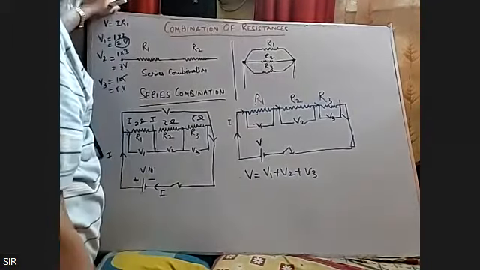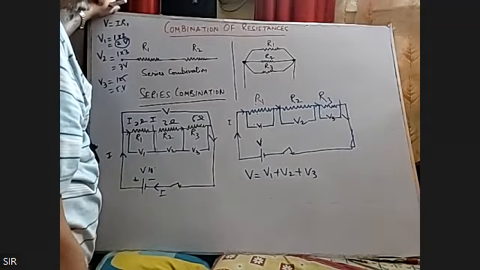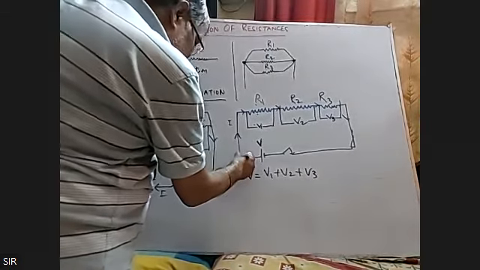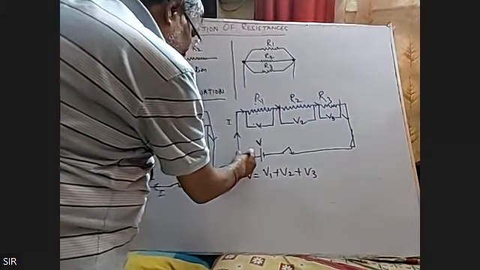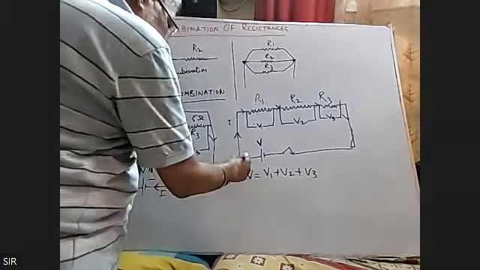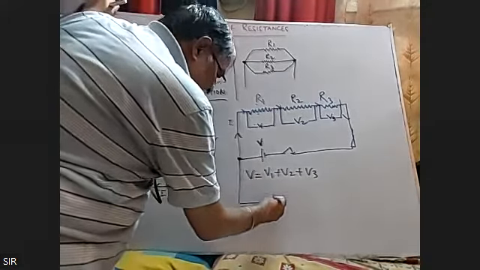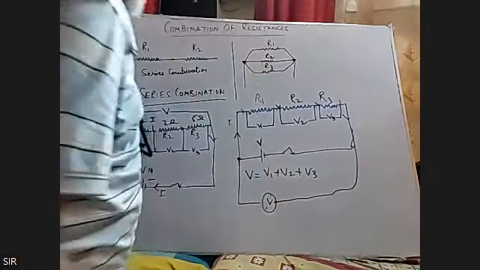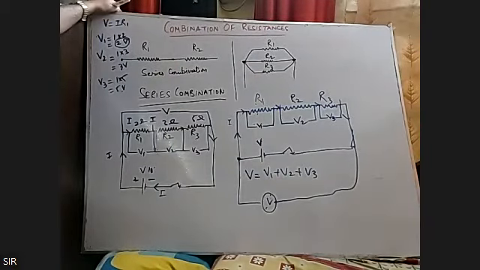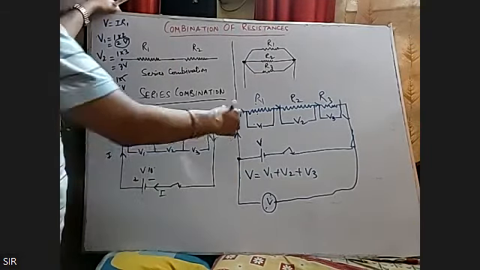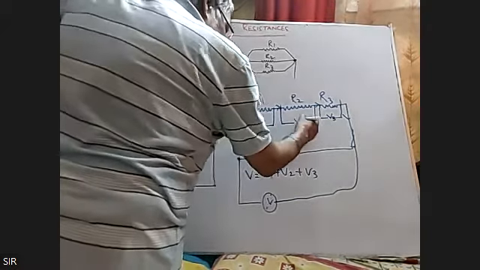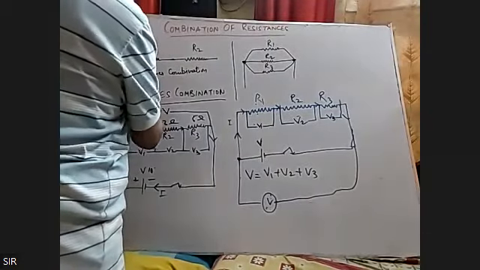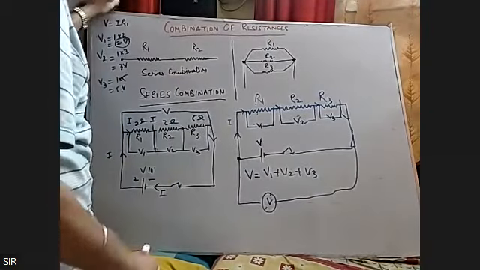And this was giving 10. If I apply a voltmeter here, it will show 10 volts. But separately, if I apply a voltmeter across each, it will show you 2, 3, and 5 consecutively.